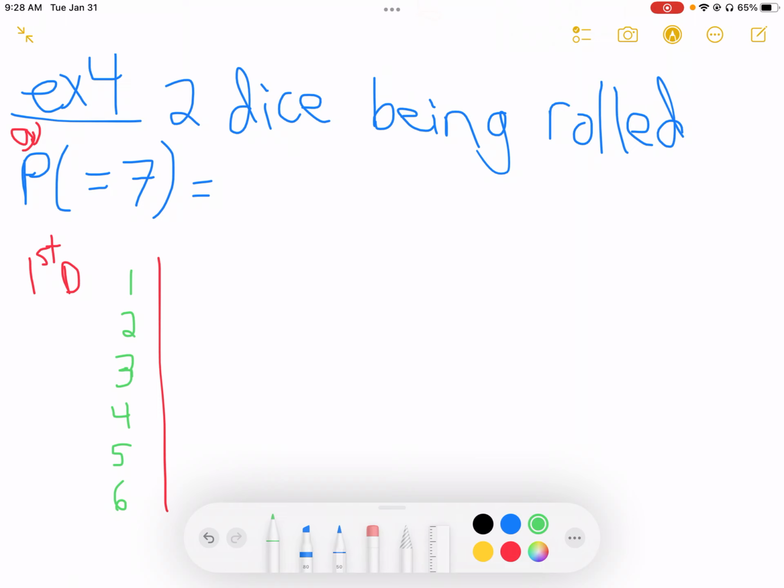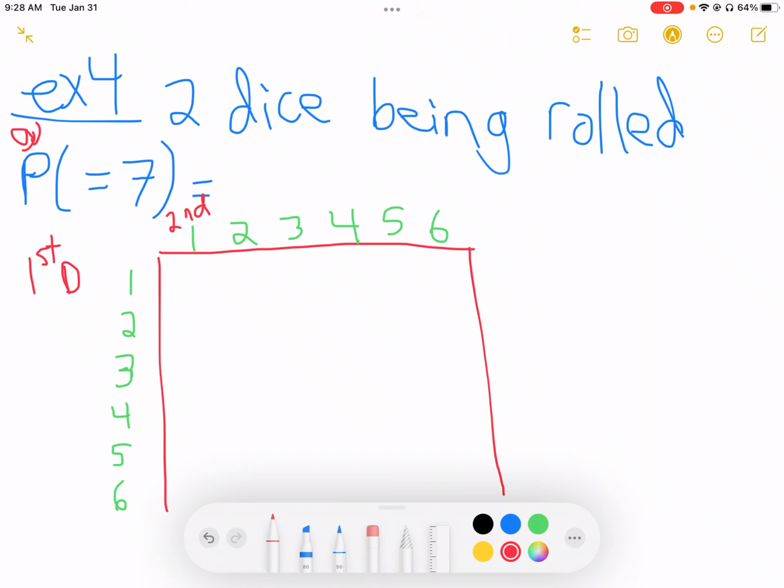You could roll all those numbers. And then my second dice could also roll all of these numbers, 1, 2, 3, 4, 5, 6.